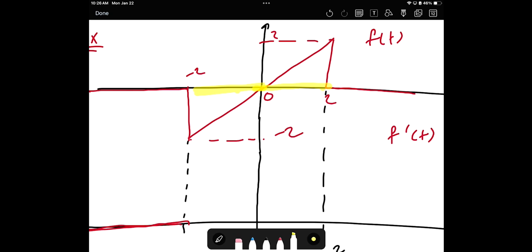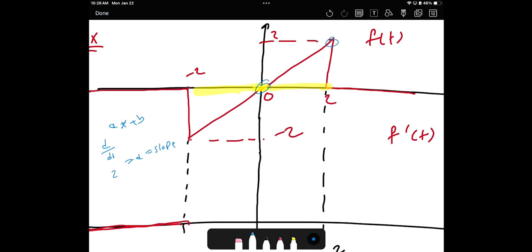So therefore, we need to calculate the slope. The derivative of a linear curve, if we say ax plus b, the derivative of this expression will equal a, which is the slope. How to calculate the slope? You can choose two points, like this point and this point.